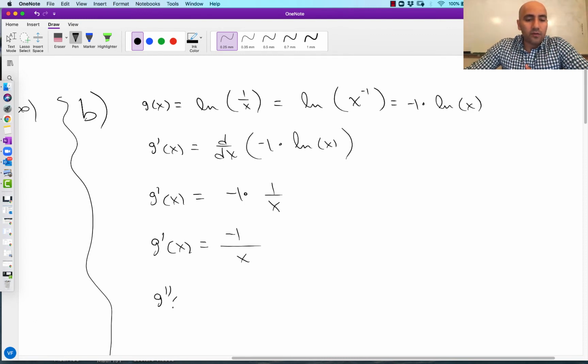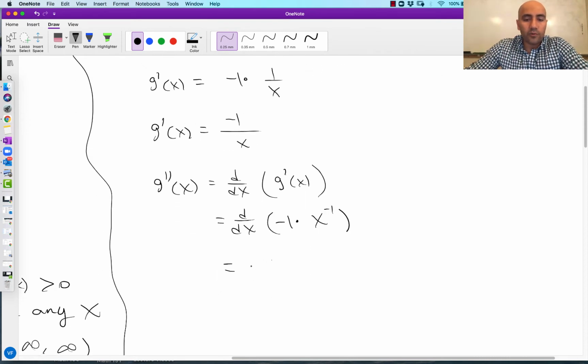All right, now let's take the second derivative. The second derivative is the derivative of the first derivative, which in this case is the derivative with respect to x of negative 1 divided by x. I'm going to rewrite it as negative 1 times x to the negative 1 power.